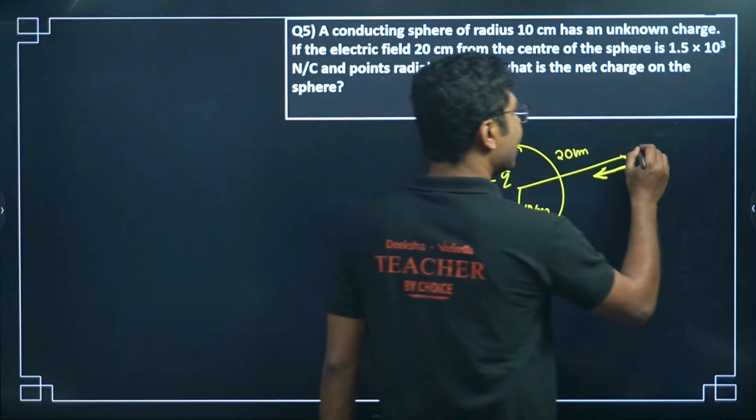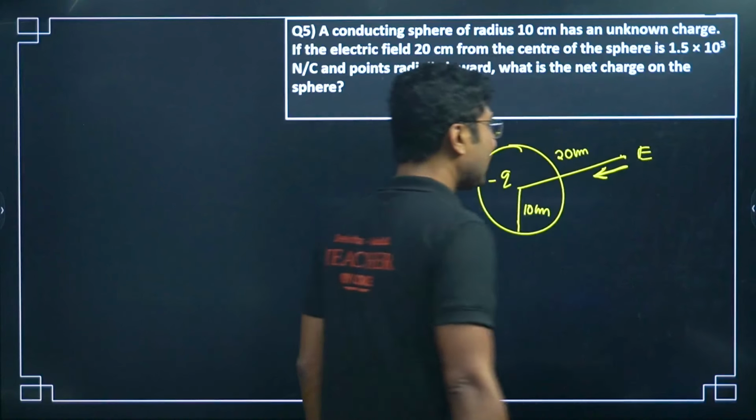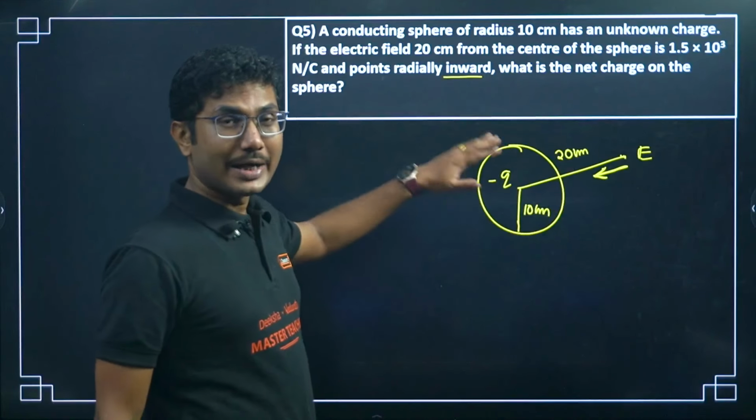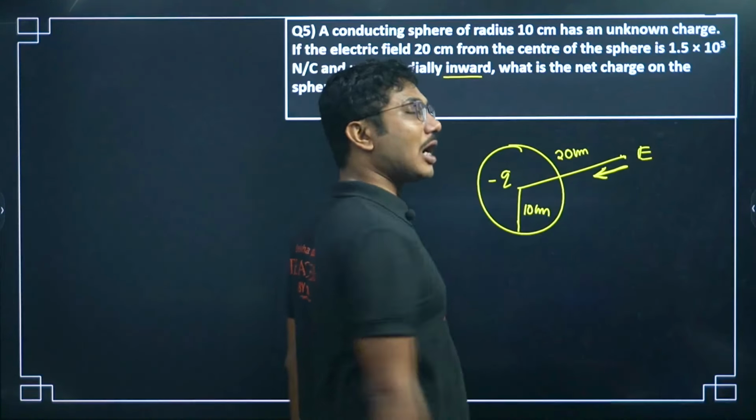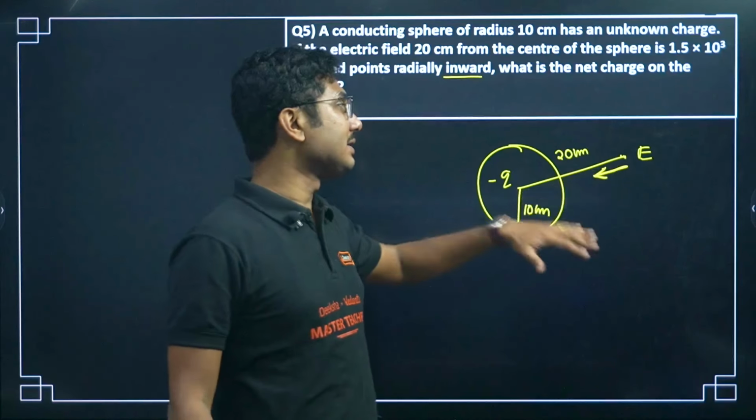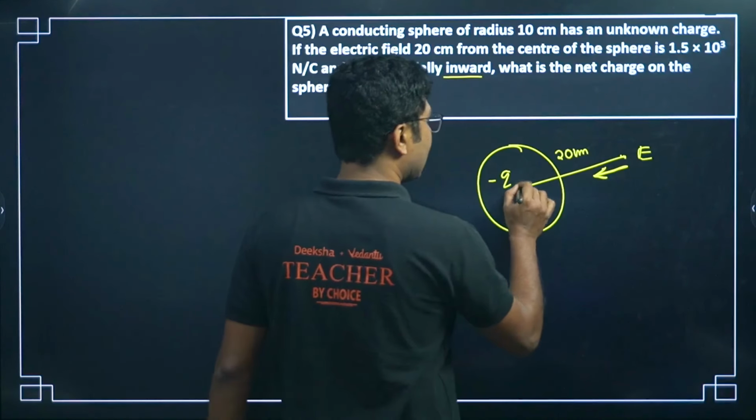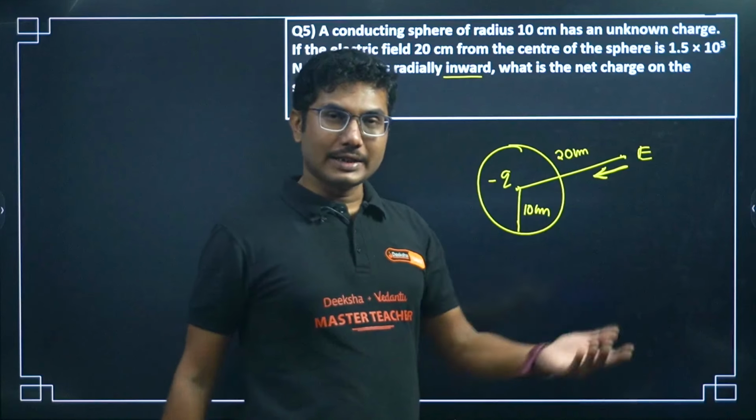So electric field at this point is given. Now, you can consider this case to be a spherical shell case, where for any point outside the shell you can consider the entire charge to be located at the center. For inside points it becomes 0.